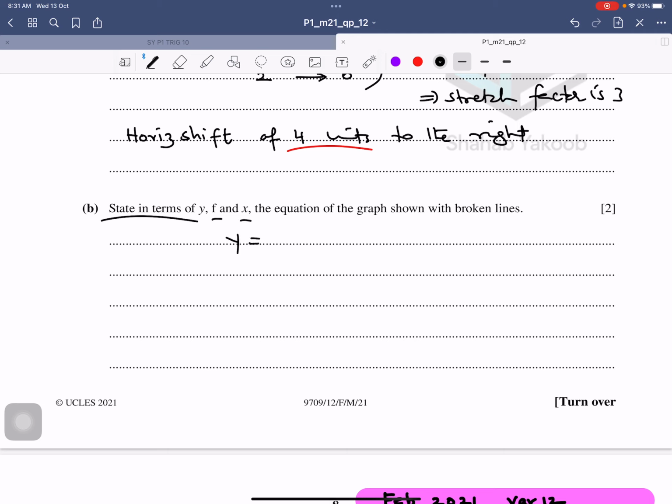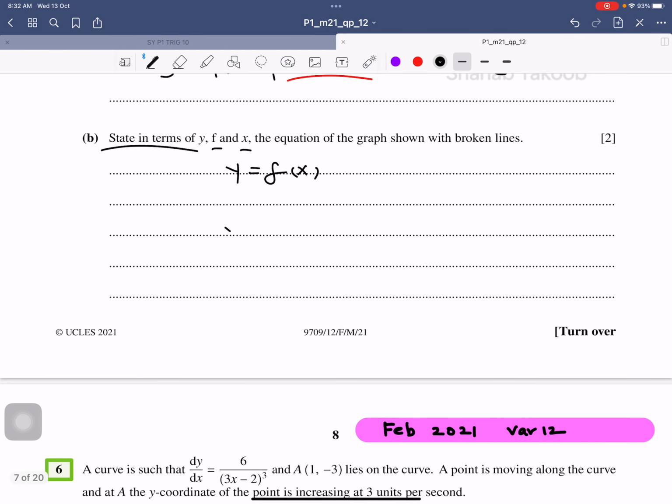The original one is y equals f(x), the equation of the graph with the broken lines. First of all, there is a horizontal shift of 4 units to the right. Therefore, I'll write x minus 4. When there is a negative sign written, negative sign means a movement to the right, and that makes perfect sense.